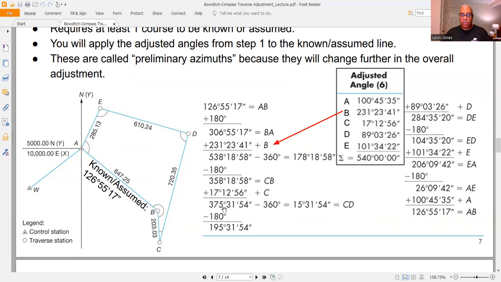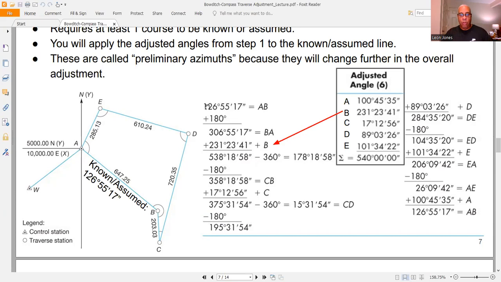You're going to come up with your azimuth, 375, 31, 54, subtract 180. Then you're going to get 195, 31, 54. Then you're going to add your internal angle. You're going to get your azimuth at the next point, subtract 180. So basically, you're either going to add 180 or subtract 180, and in this particular problem, you're going to add your internal angles. And generally, we're going clockwise.